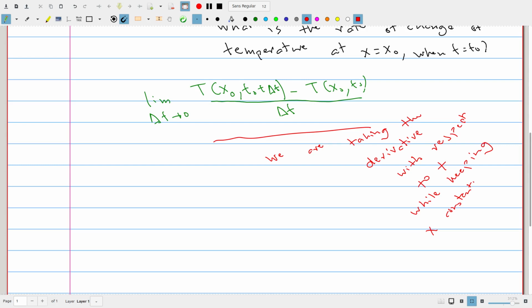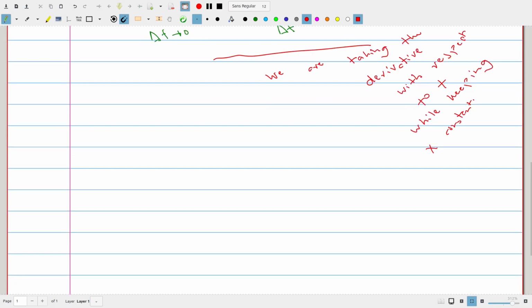So how do we define a partial derivative? It's very similar to how we define a total derivative. This is how we put it.